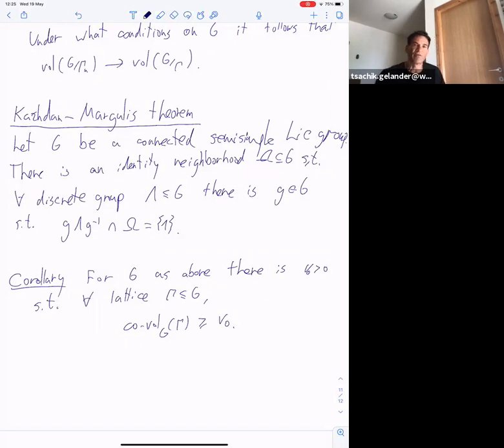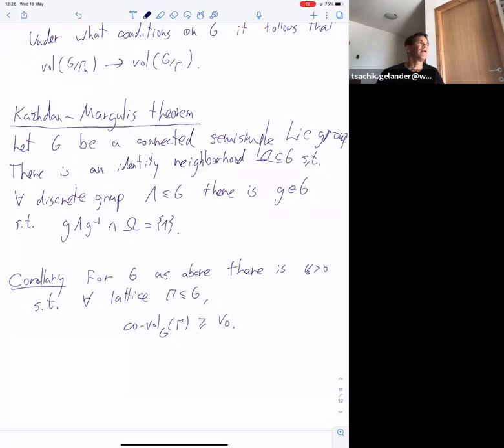So you just need to consider lattices that intersect omega trivially. Now you have this upper bound on the volume by the assumption, because you fix V and you only consider lattices of volume up to V. So you can apply the Chabauty compactness criterion and say the set of lattices which have volume at most V and intersect omega trivially is a compact set.